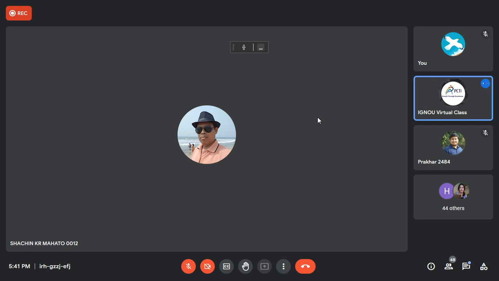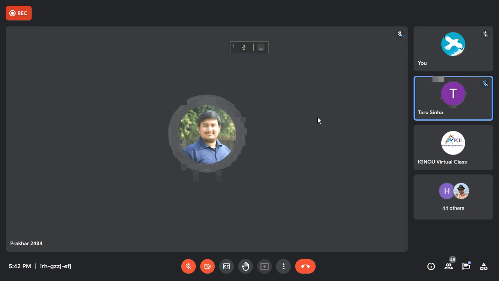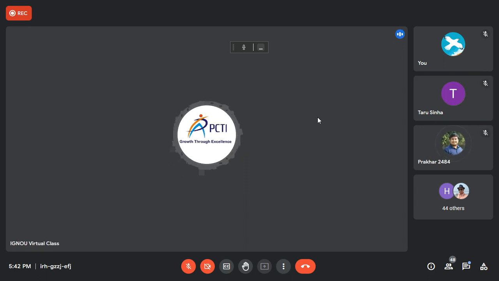Next is block number 2, unit number 1. That is greedy technique. Huffman code is an important topic. Fractional knapsack problem is an important topic.